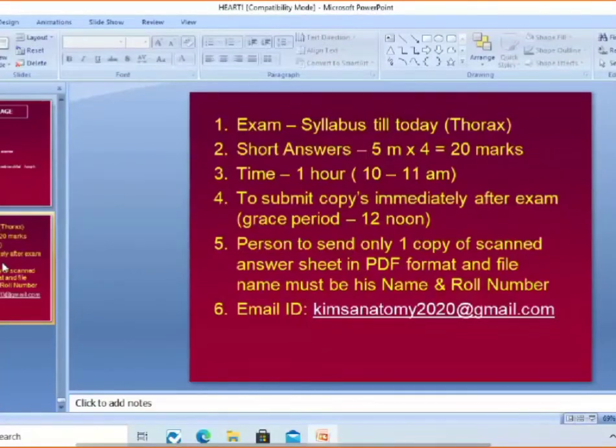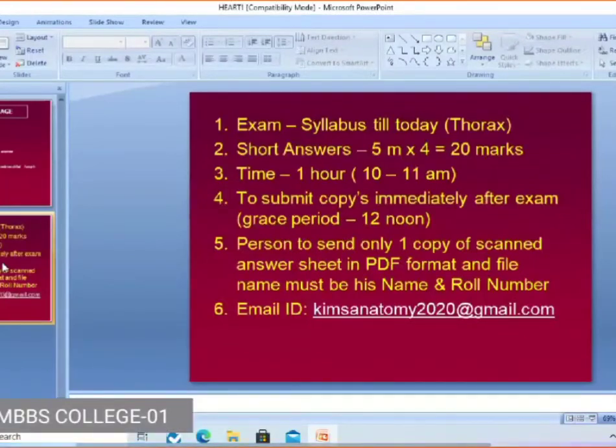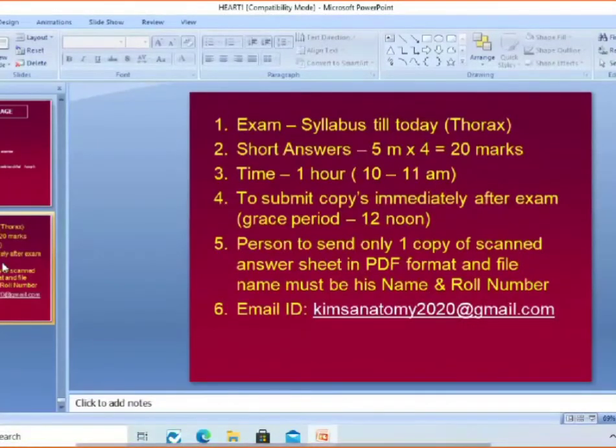That is from the ribs, and there will be 4 short note questions, and each one will be carrying 5 marks. So totally 20 marks, and the time will be 1 hour, that is 10 to 11 a.m.